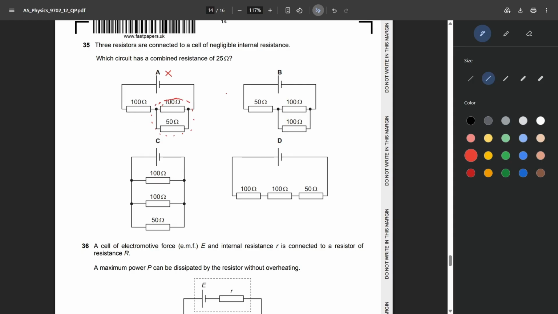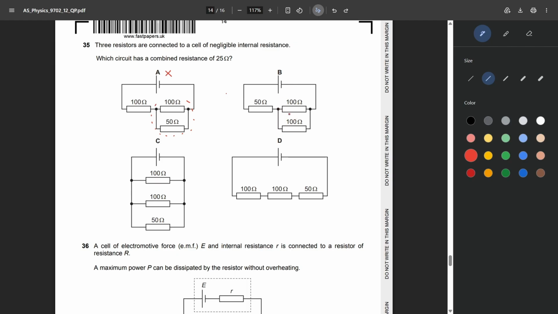If we assume the resistance of this is 0, even if it is 0, the total resistance of the circuit will definitely not be less than 100, right? So it's definitely not going to be 25 ohm. The total resistance here, whatever the resistance of the parallel network is, is definitely going to be more than 100 ohm, right? So the answer is not A.